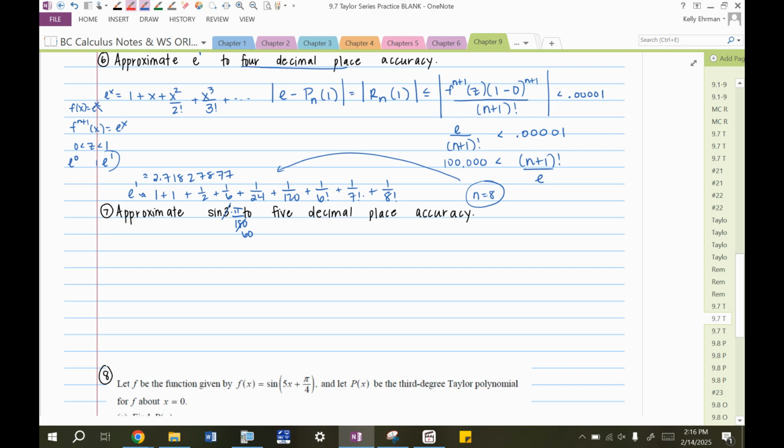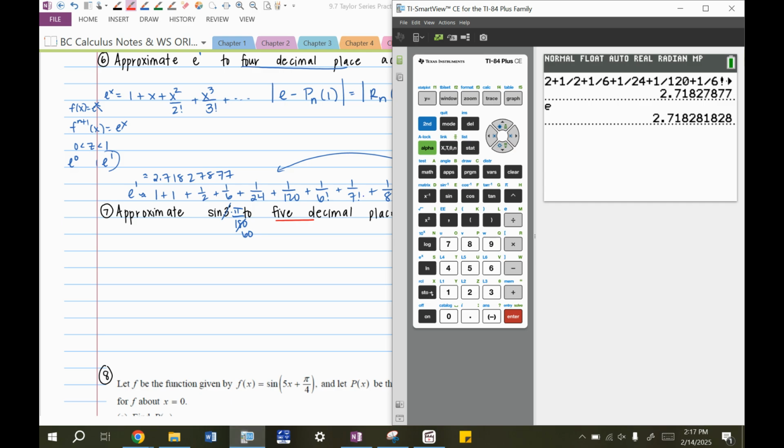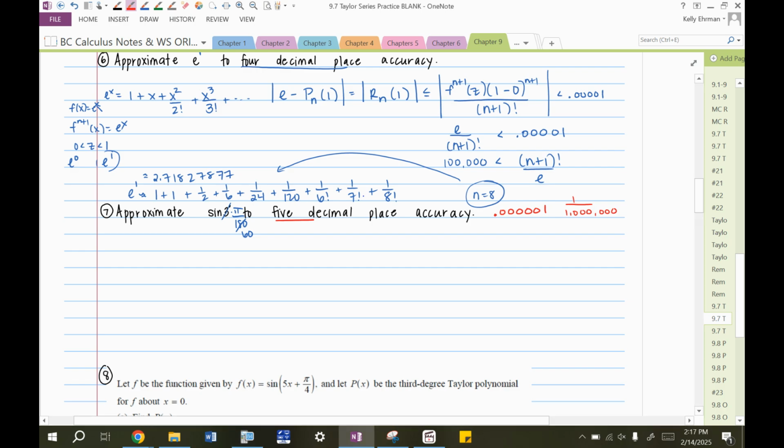We're trying to get 5 decimal place accuracy, 1, 2, 3, 4, 5, 6. That'd be 1/1,000,000th, right? Yeah, 1/1,000,000.